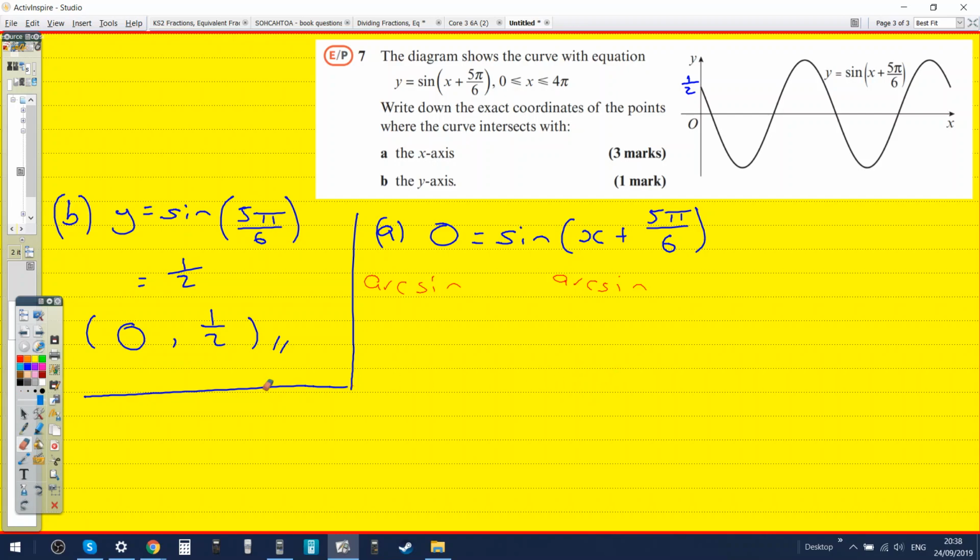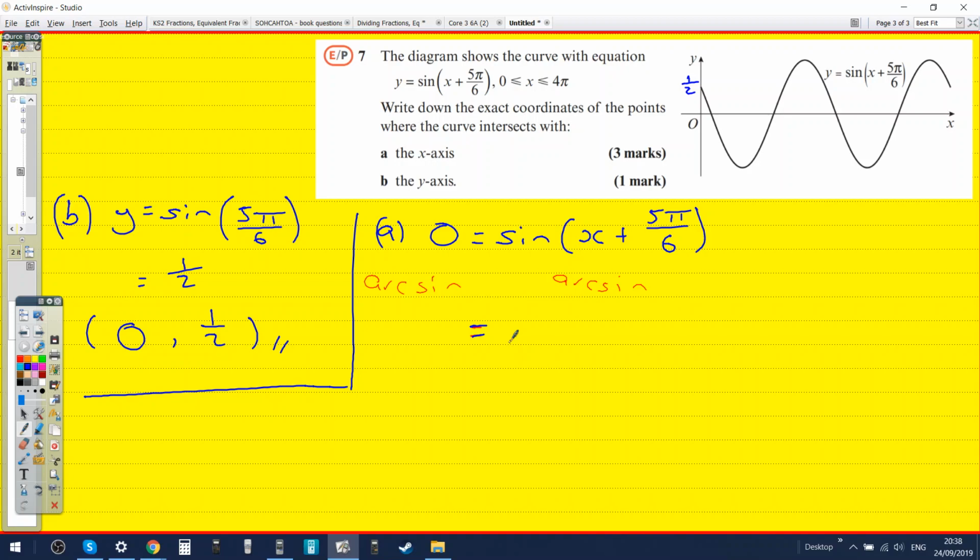And then you do arc sine, minus 5 pi over 6. Hold on. Equals x. So you've done arc sine to both sides. So what do you now have? Arc sine 0 equals arc sine something. Okay, calculator. Arc sine 0. Oh. Can you not bring over the plus 5 pi over 6?